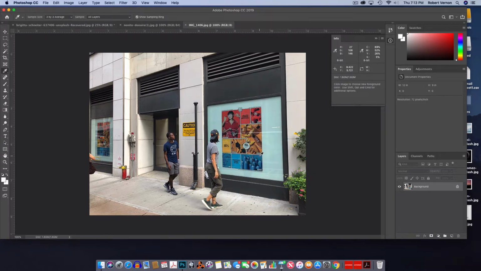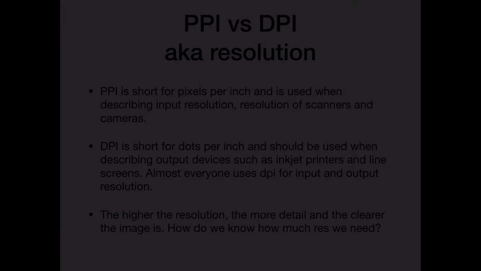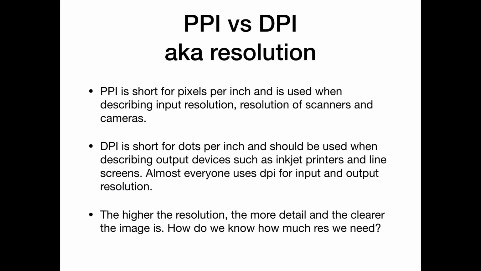So that's what pixels look like. You can go up to a monitor or a TV with a magnifying glass, and see the actual picture elements on your monitor very similarly. All right, back to the slide. So that's the difference between pixels per inch and dots per inch, and we just looked at what pixels actually look like.